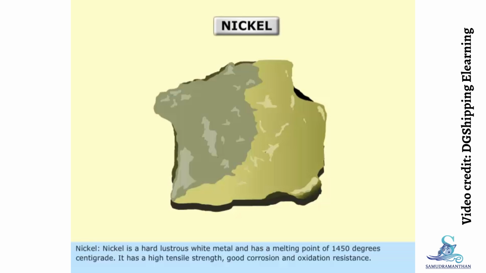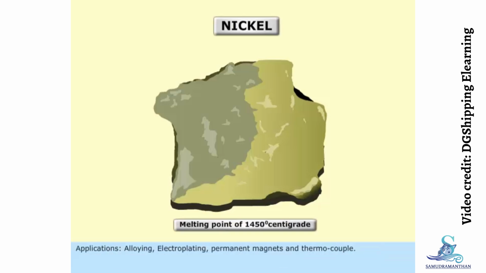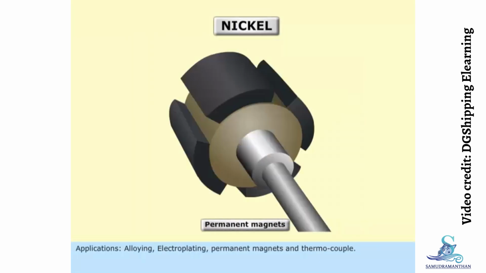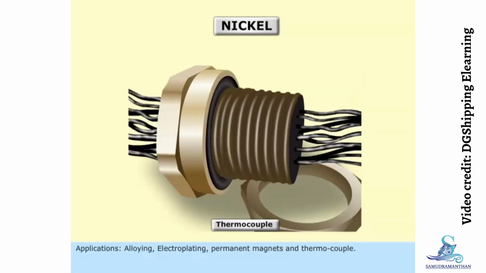Nickel. Nickel is a hard, lustrous white metal and has a melting point of 1450 degrees centigrade. It has a high tensile strength, good corrosion, and oxidation resistance. Applications: alloying, electroplating, permanent magnets, and thermocouple.